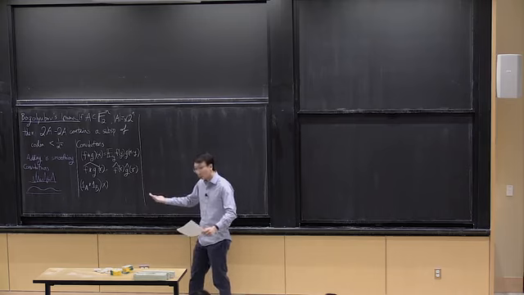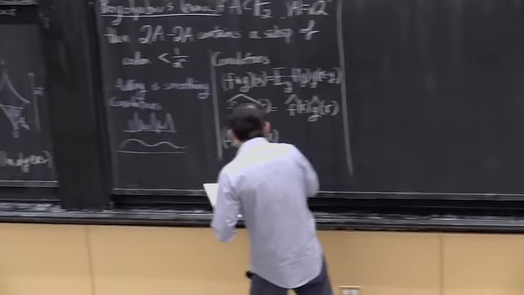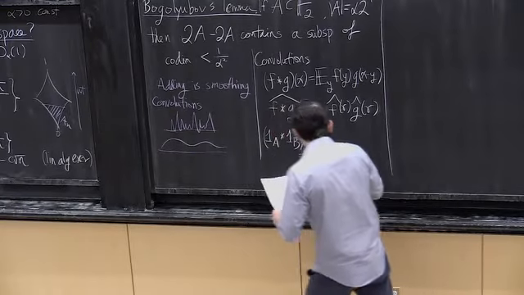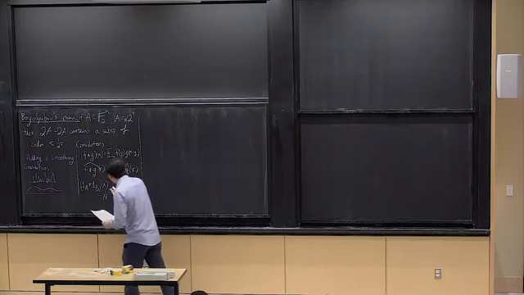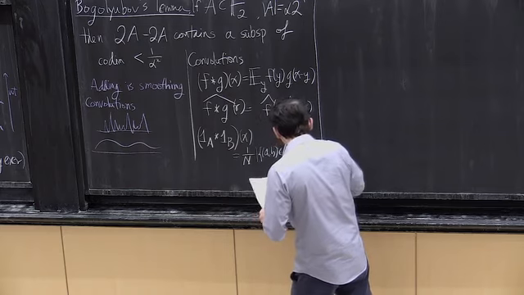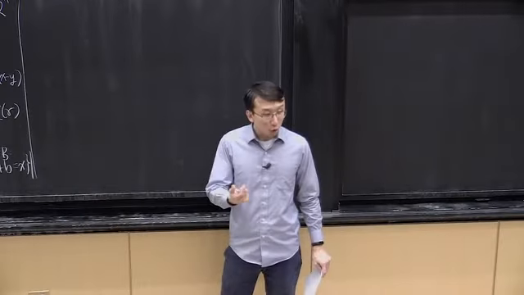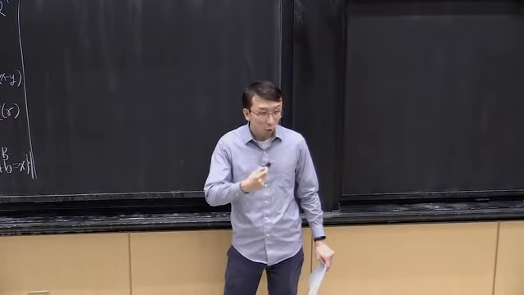It has an interpretation. If you read out what this value says, it comes out to 1 divided by the size of the group, times the number of pairs in A and B such that their sum is x. So up to normalization, convolution records sumsets with multiplicities.